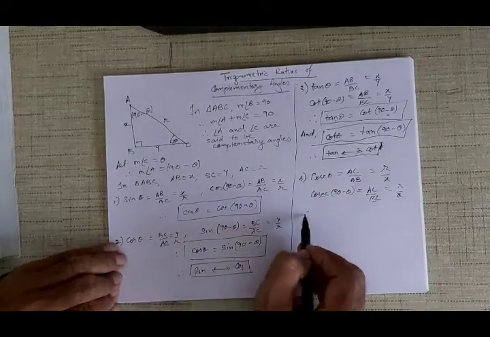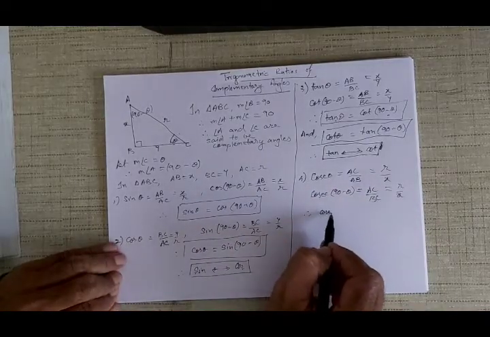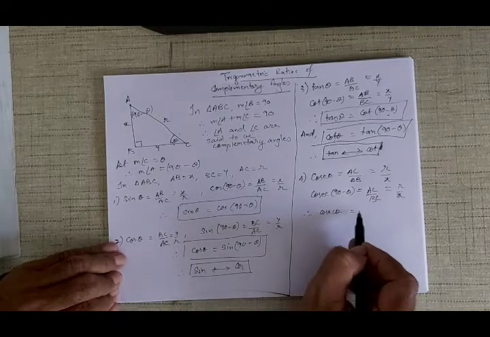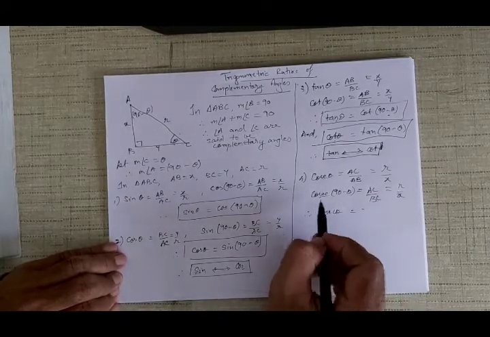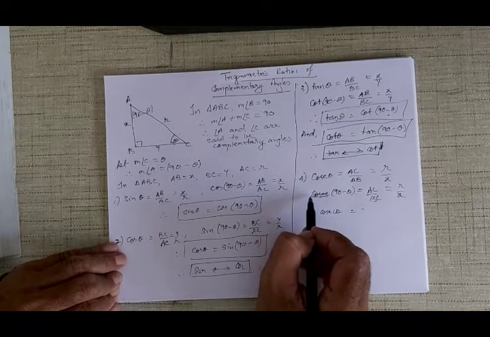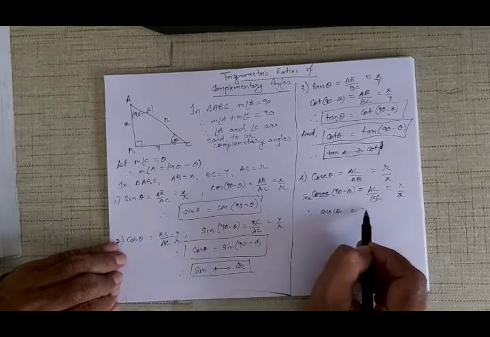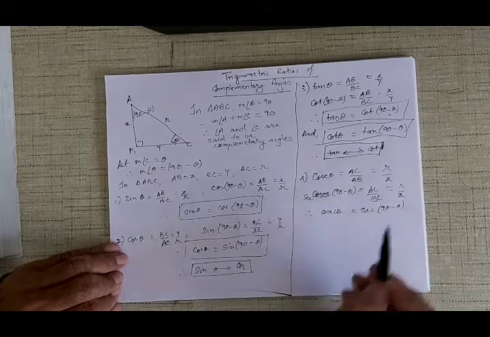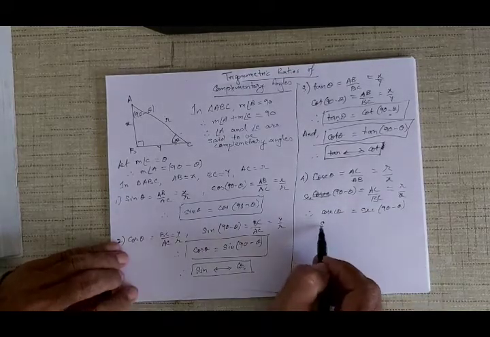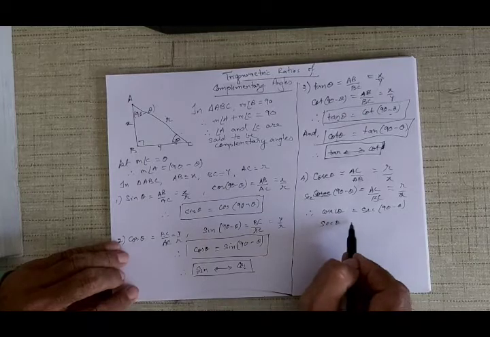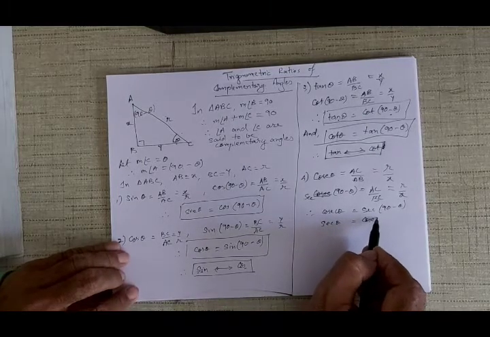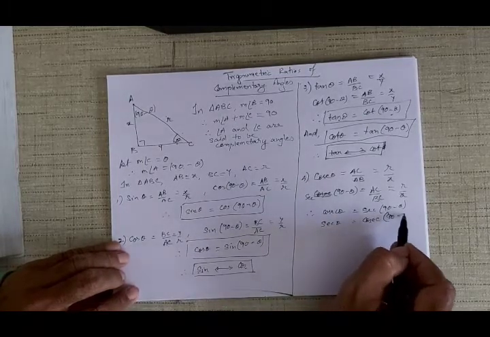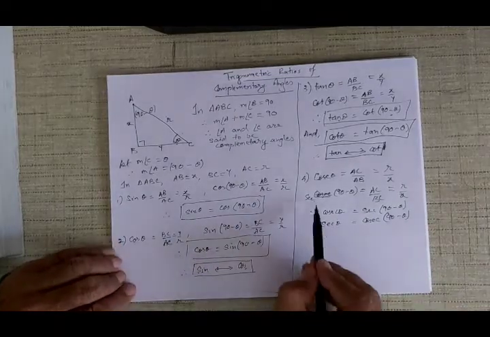So what can you say? That cosec theta is equal to sec(90 minus theta). Similarly, if I take sec theta, it will be equal to cosec(90 minus theta).